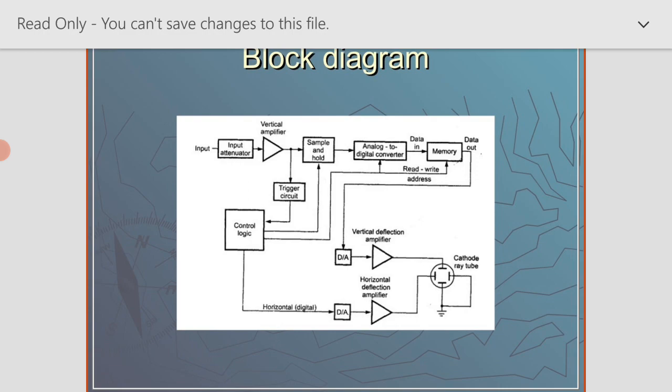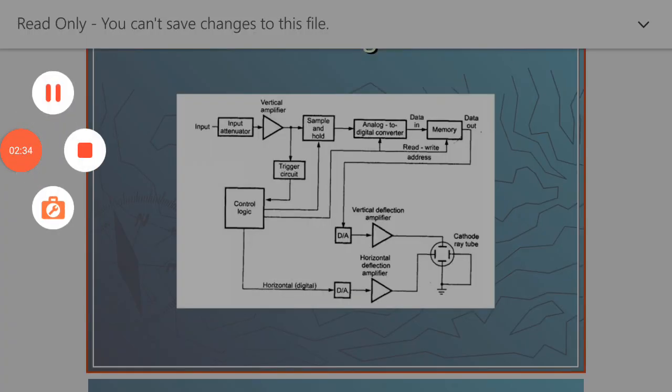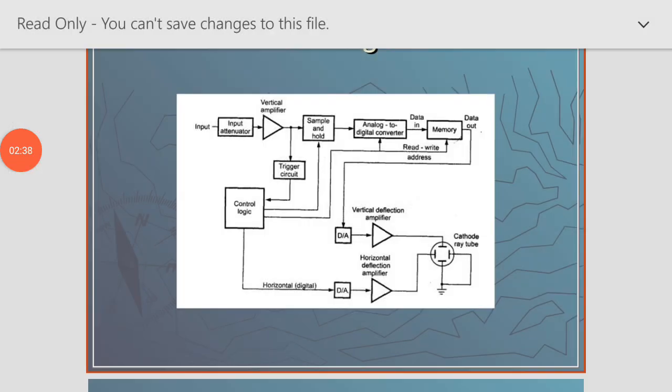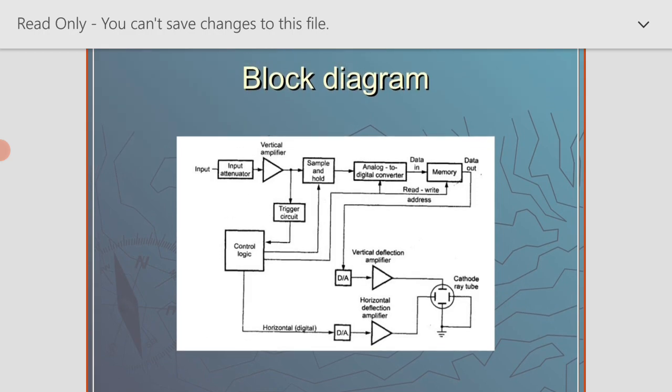The control logic output is given to the horizontal digital to analog converter, and the output of the digital to analog converter is given to the horizontal deflection amplifier. The block diagram of DSO is as shown in the slide.